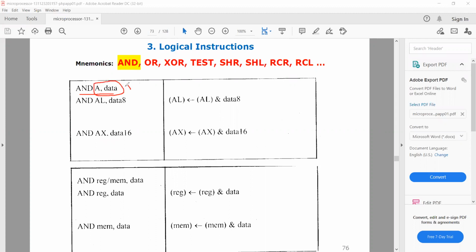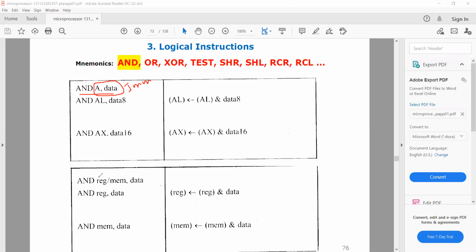This is the immediate addressing mode. If you go back to the addressing modes class and check the different addressing modes we discussed, this particular addressing comes under immediate addressing mode, because we are directly specifying the immediate data in the instruction.